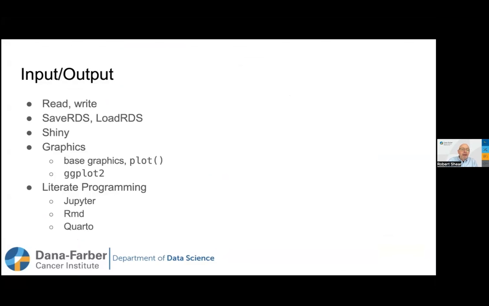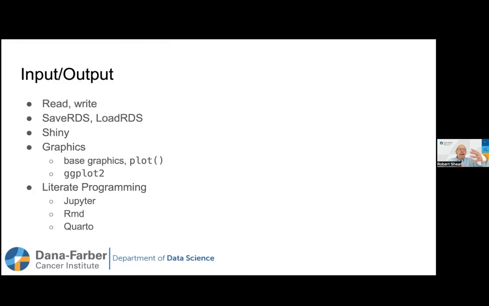Literate programming is the idea that was first put forth by Donald Knuth, one of the greatest computer science educators of all time, in my opinion, that instead of just exploring the data, exploring the program, not just a statistical program, but any computer program, you write the narrative of what you're doing while you're doing it.